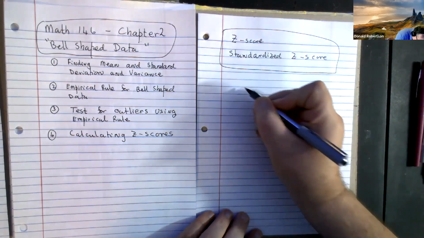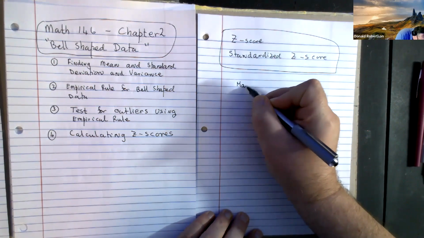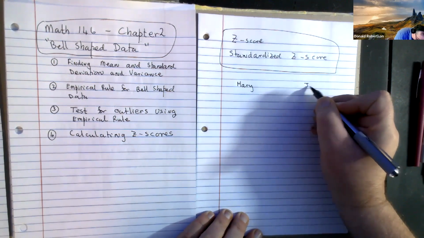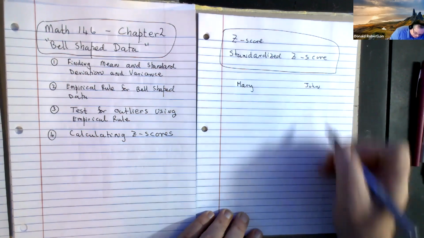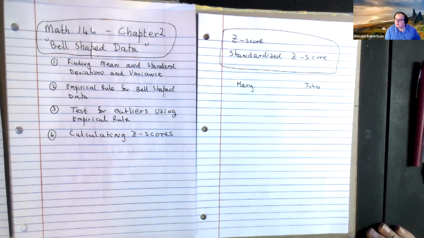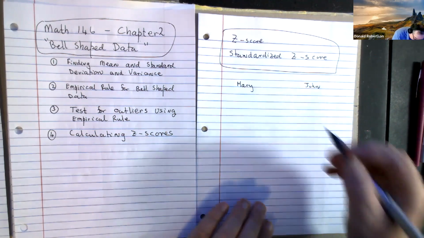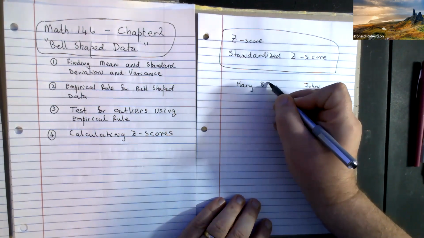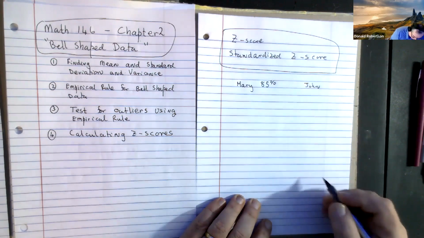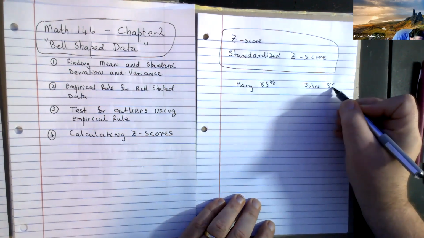Here's a little story. Mary and John. Now, both of them take English, but they get different teachers. And Mary got 85% in her final exam, and John got 80%.